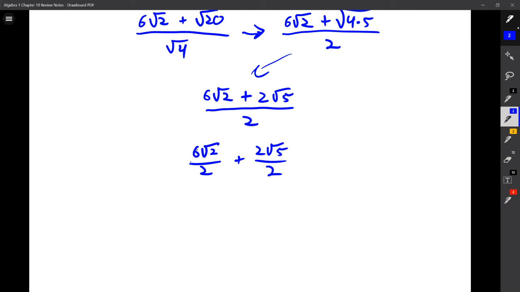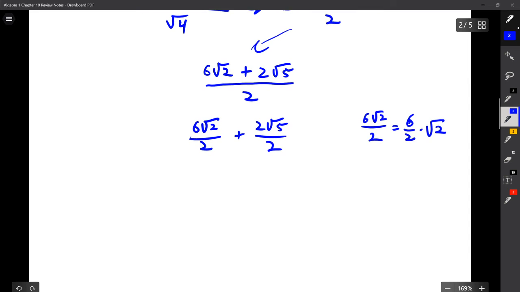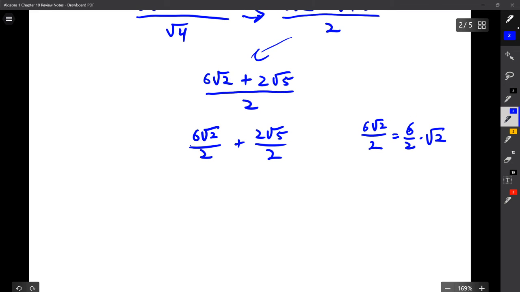Now I have this 6 halves root 2. Hopefully you recognize that 6 root 2 over 2 is the same thing as 6 halves times root 2. If you play around with just regular numbers, without a square root, you would see that this is totally the same thing.